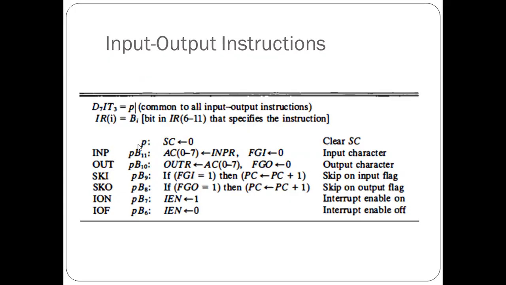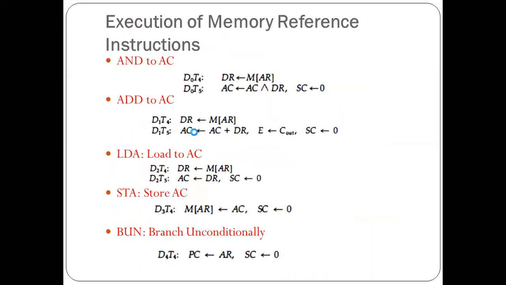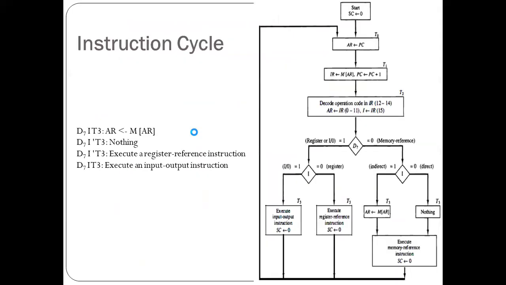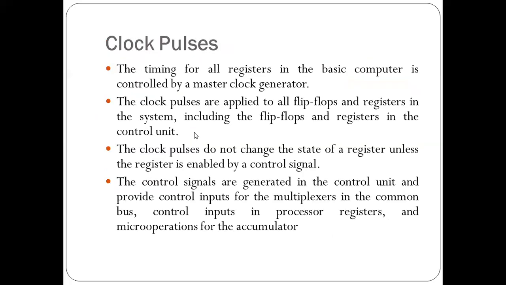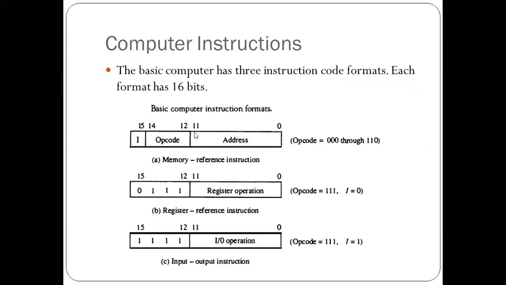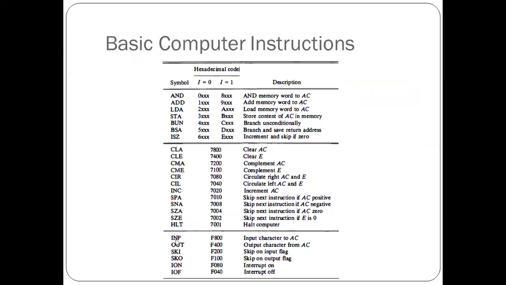As we saw with how the register operations are decoded, out of the available 12 bits, only one particular bit is active, by which we can decode the specific register operation. Similarly, in input-output instructions, we have around 6 instructions.